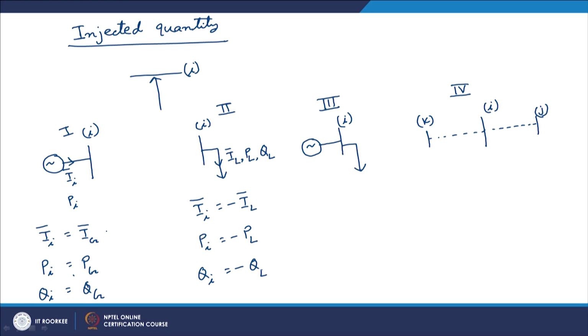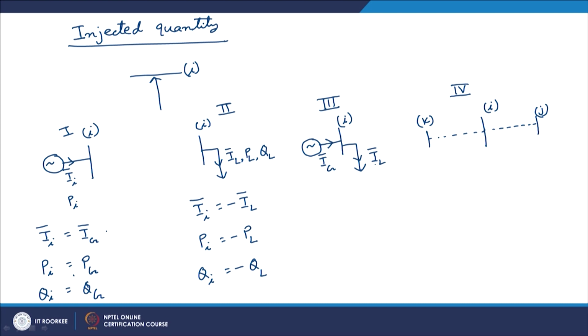In the third case, when both a generator and a load are connected, the generator is supplying a current of Ig and the load is taking a current of IL. Physically the direction of current Ig is into the bus and the direction of current IL is away from the bus.